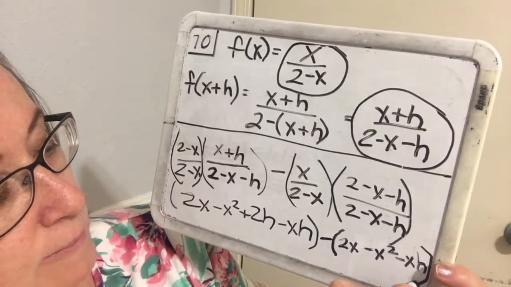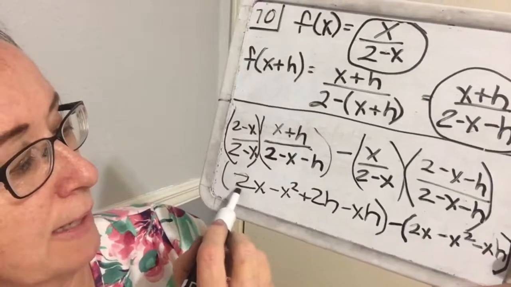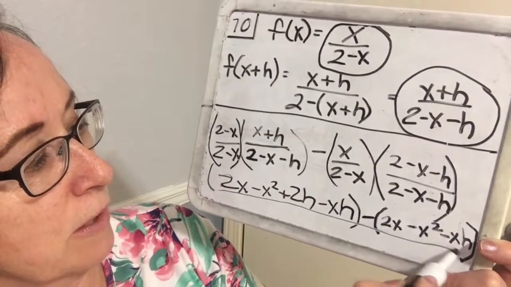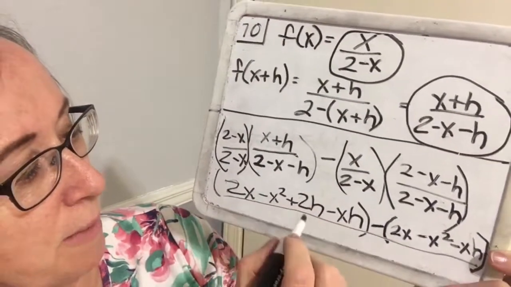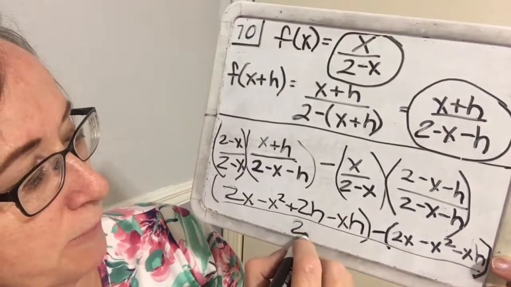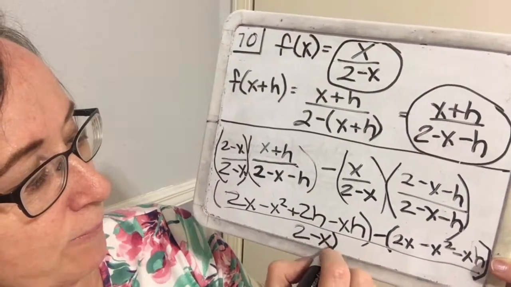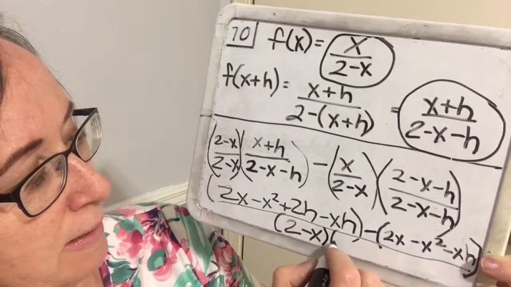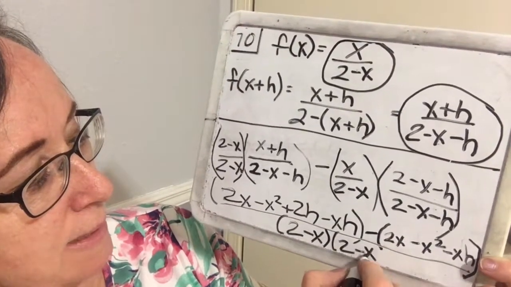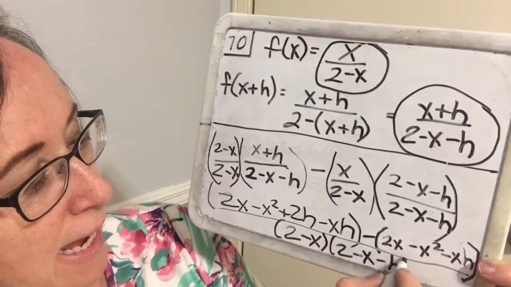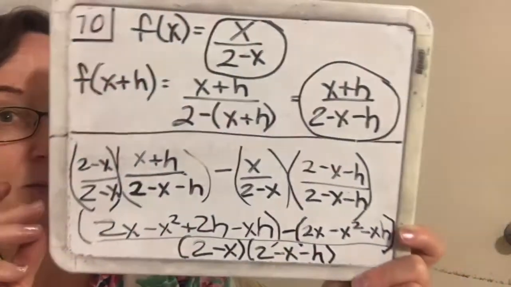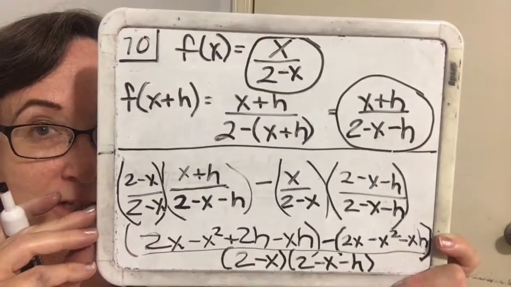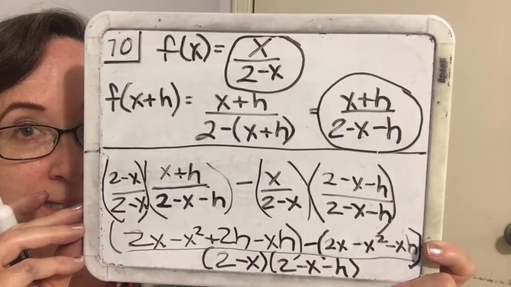Loads of fun. Okay, now all of this is over this common denominator, which is 2 minus x times 2 minus x minus h. And mind you, I have not yet even divided by the final h that is in our quotient yet.